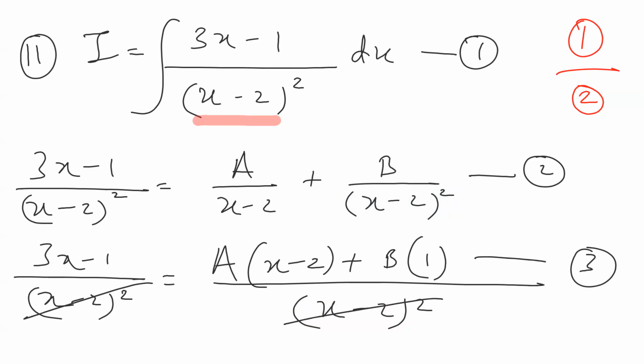Now in the first iteration, you will equate x minus 2 to 0. When you put x minus 2 equal to 0, the value of x is 2. So put x is equal to 2 in equation number 3.